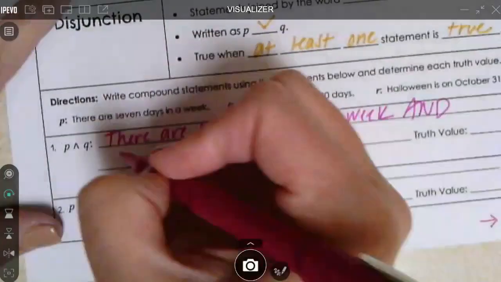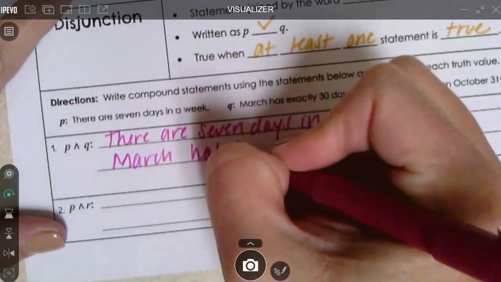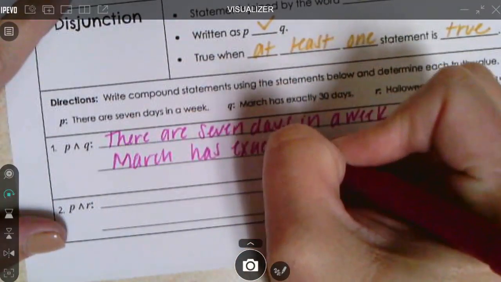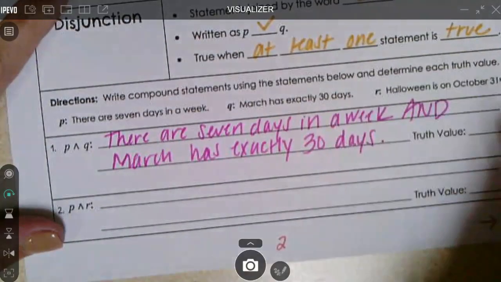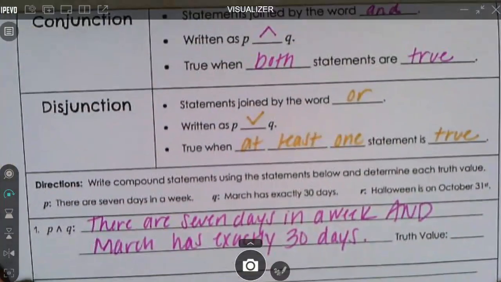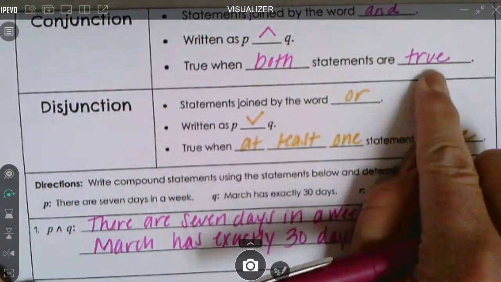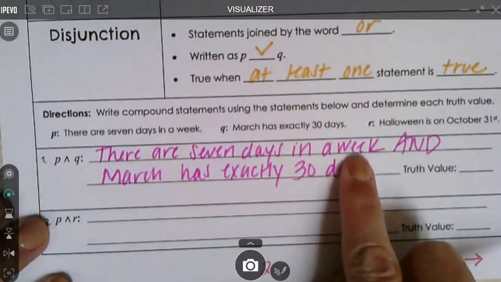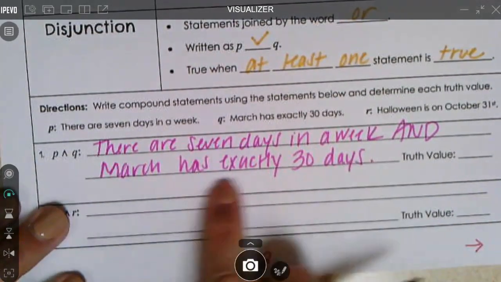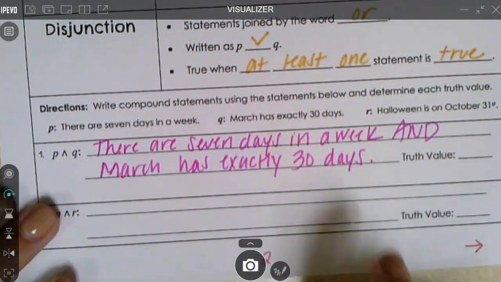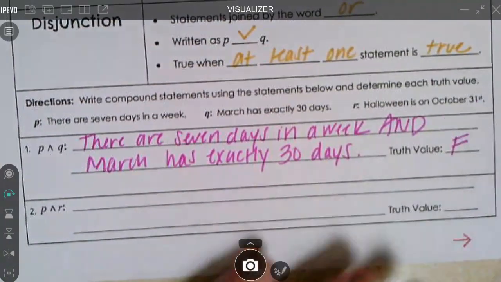Q, March has exactly 30 days. Now remember what we wrote down above: this is true when both of the statements are true. So are there 7 days in a week? Yes, there are 7 days in a week. Are there 30 days in March? No, there are 31 days in March. So the truth value of this is false.